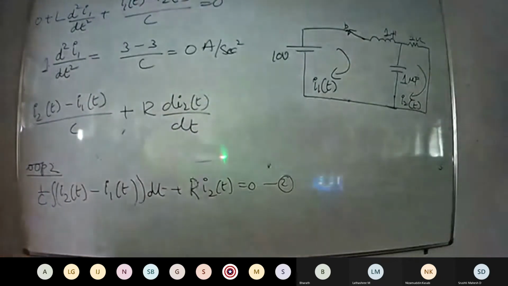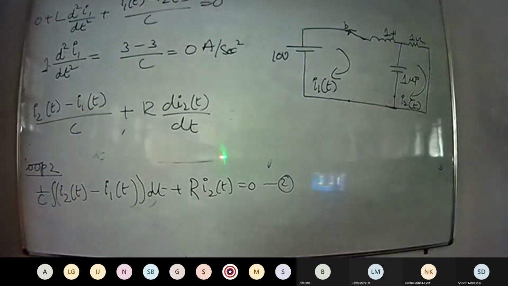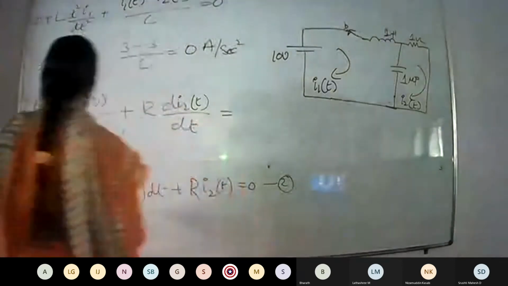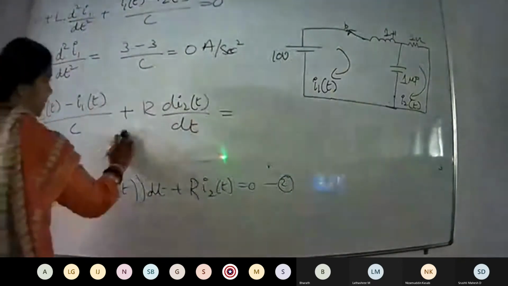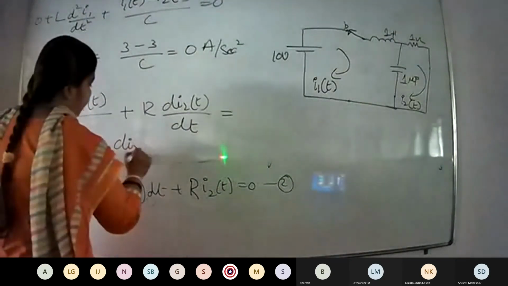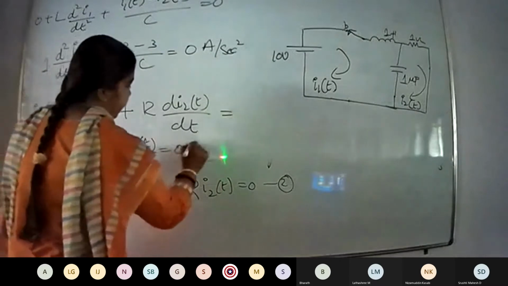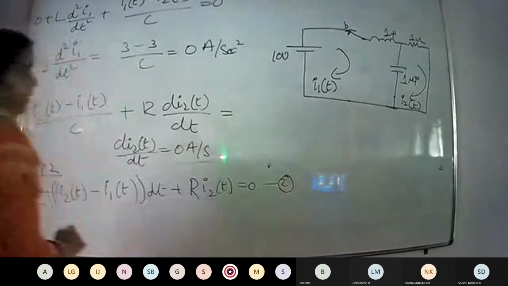Again the two currents, 3 minus 3, so it is 0. Di2 of t by dt is 0 ampere per second.